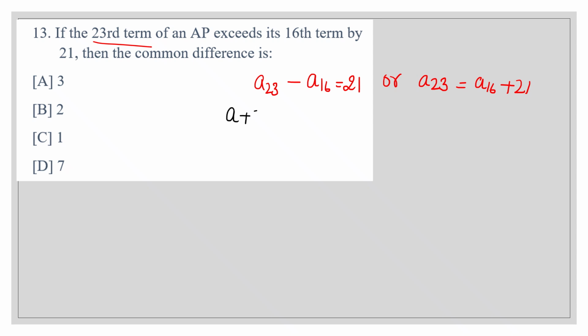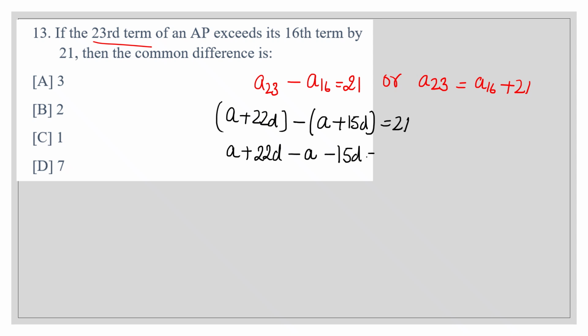A23 will be A plus 22D minus A plus 15D is equal to 21. Open the bracket. A plus 22D minus A minus 15D is equal to 21. Cancel A. 22 minus 15 is 7D, equals 21. D will be 3. You need to find the common difference. 3.